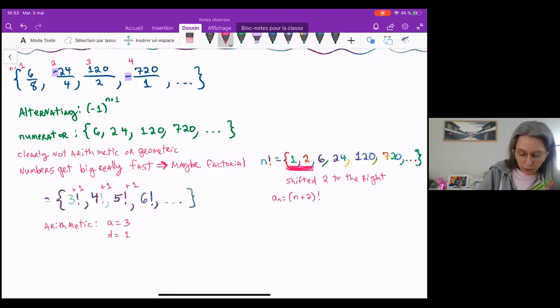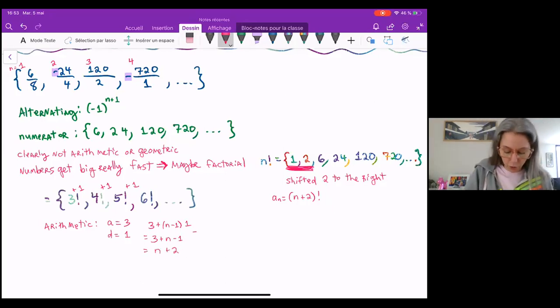And when I plug this into the formula, A plus n minus 1 times D, I get 3 plus n minus 1 times 1, which is 3 plus n minus 1, which is n plus 2. Notice the same n plus 2 that we got over there.